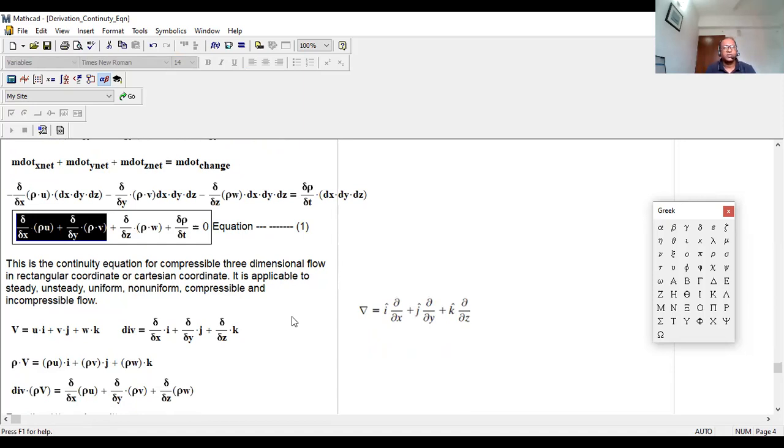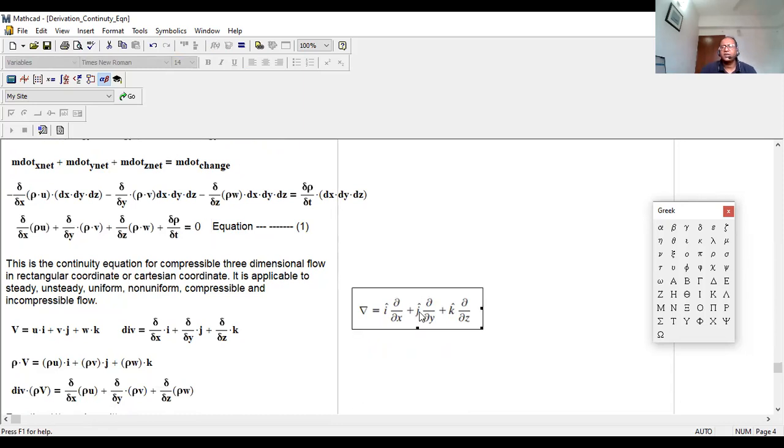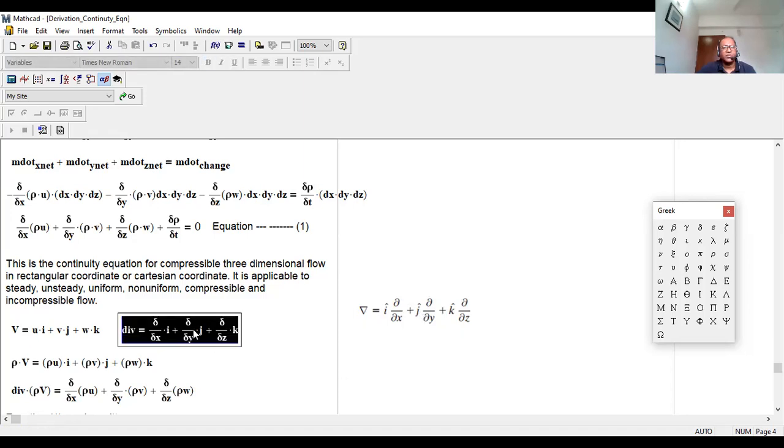Now, this equation, some books represent in another way. You see, you spend a lot of time to learn the mathematics. What is the application? Right over here. You know divergence. See right over here. Sometimes called del V. This one I write down over here.